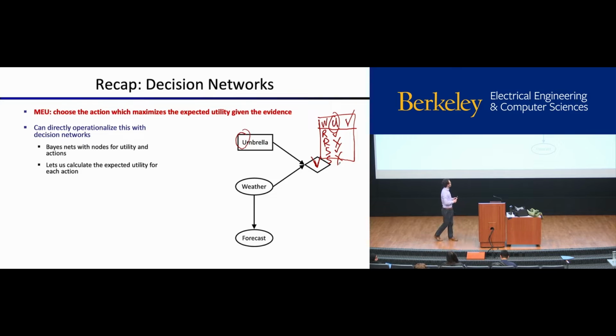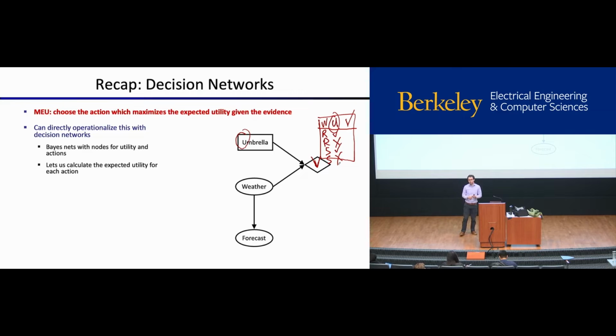Yeah, great question. So the question is, why doesn't the umbrella node have parents? So we have to keep our 2 hats separate. One is we're the model designers, and one is we're the people who are using the model.